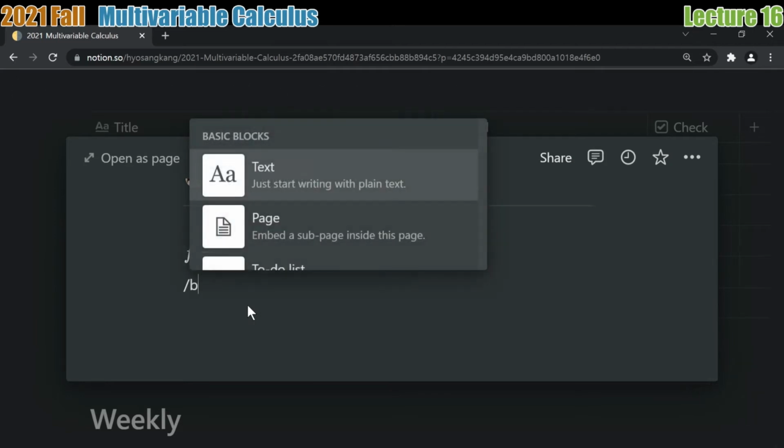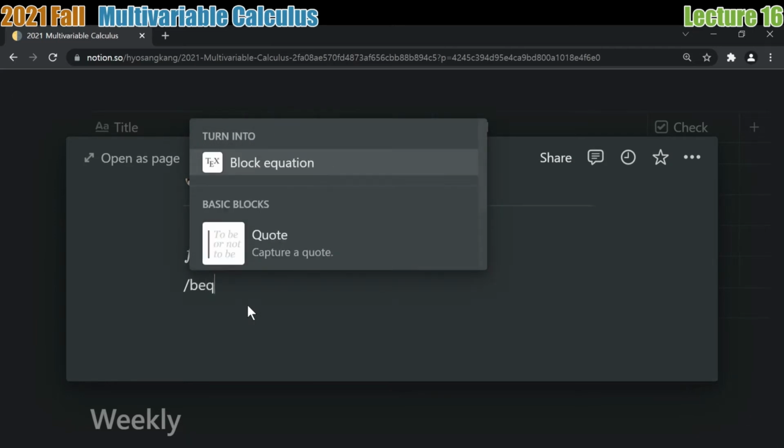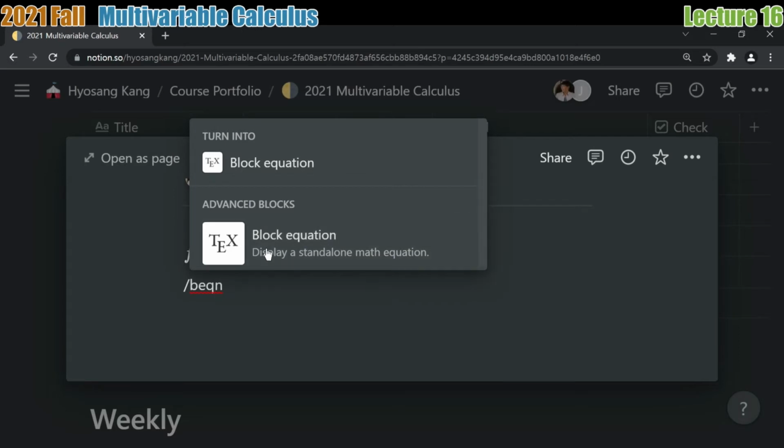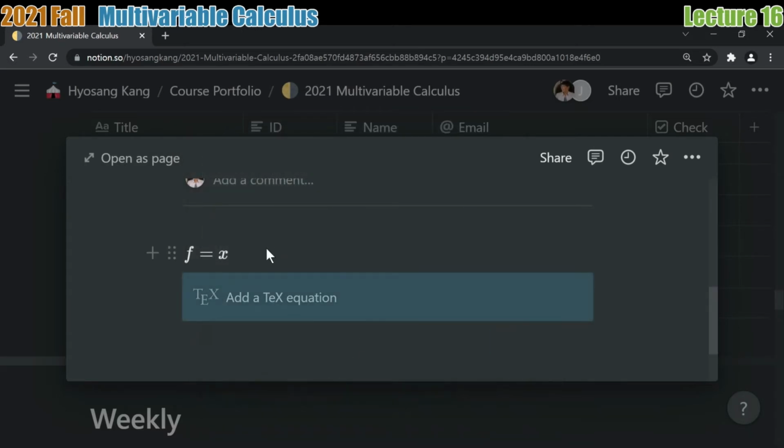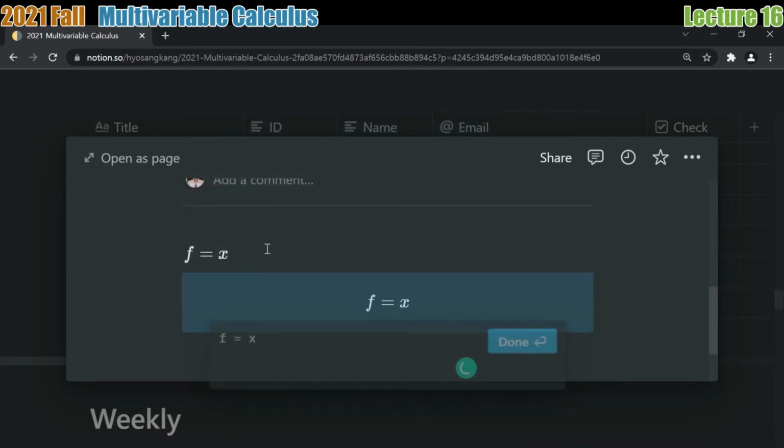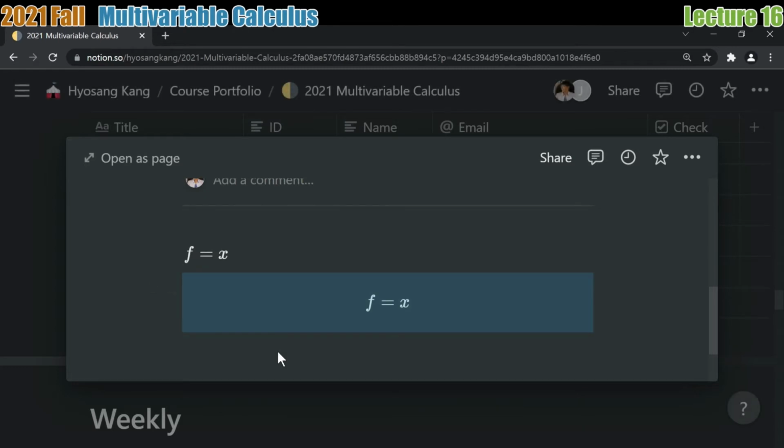And also you can put a block equation. That gives a centered formula. Okay, so in a new paragraph, you have to change it to the formula format.